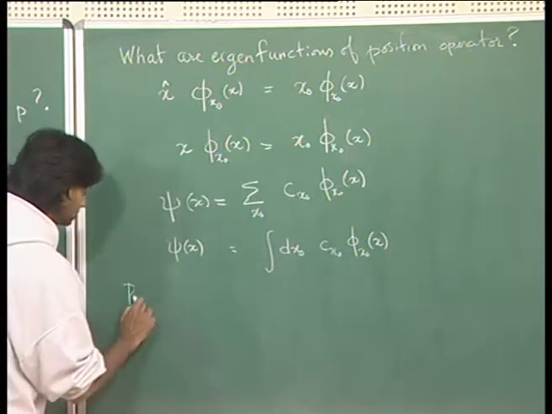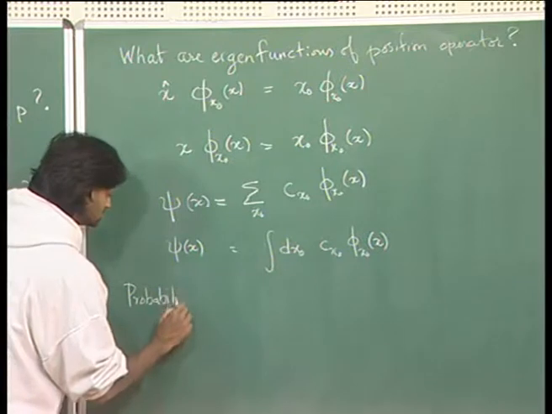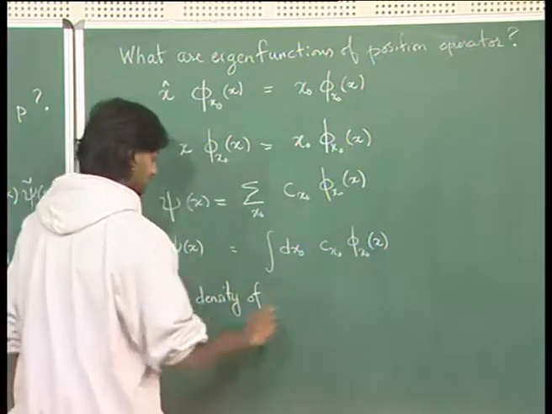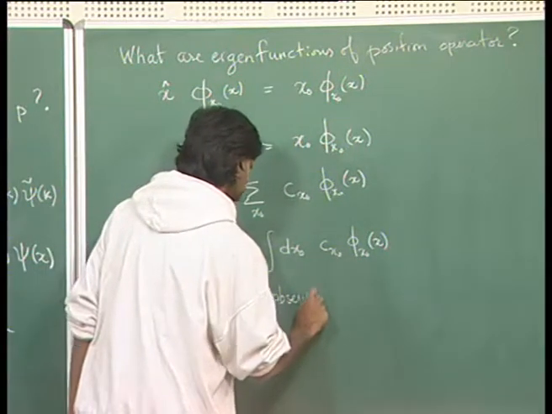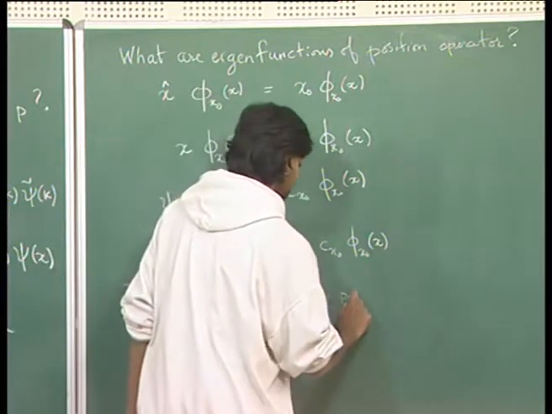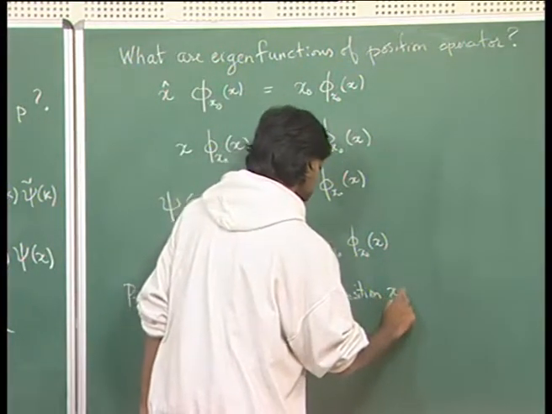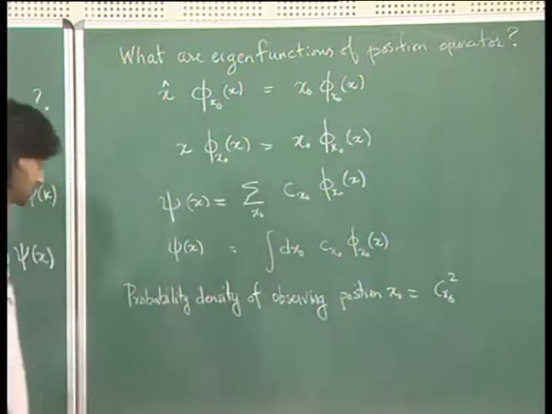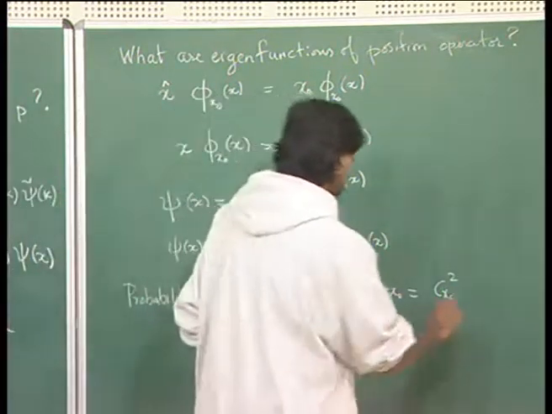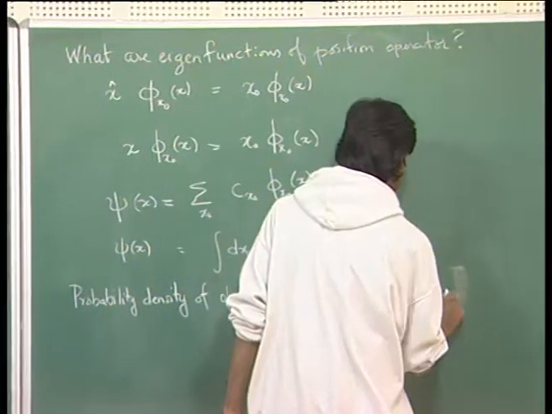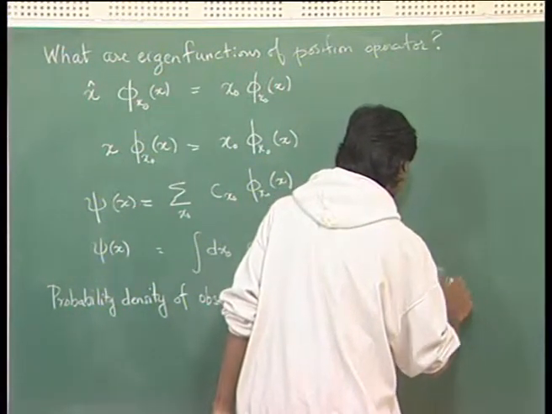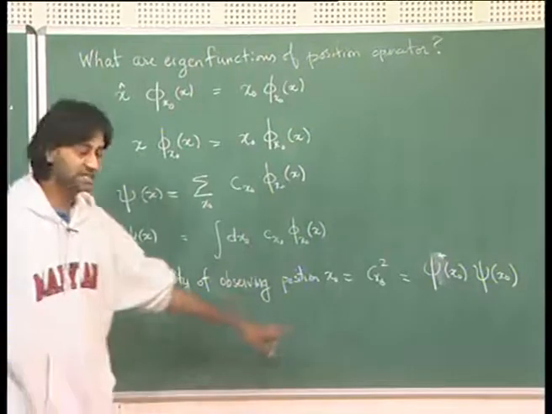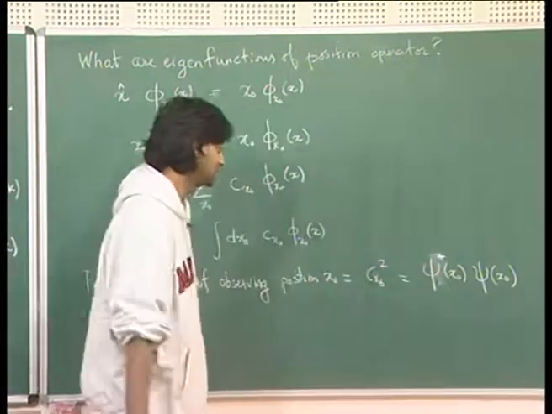So, the probability density of observing position x0 is equal to c x0 squared. But you know that c x0 squared should be equal to psi of x0 star psi of x0.